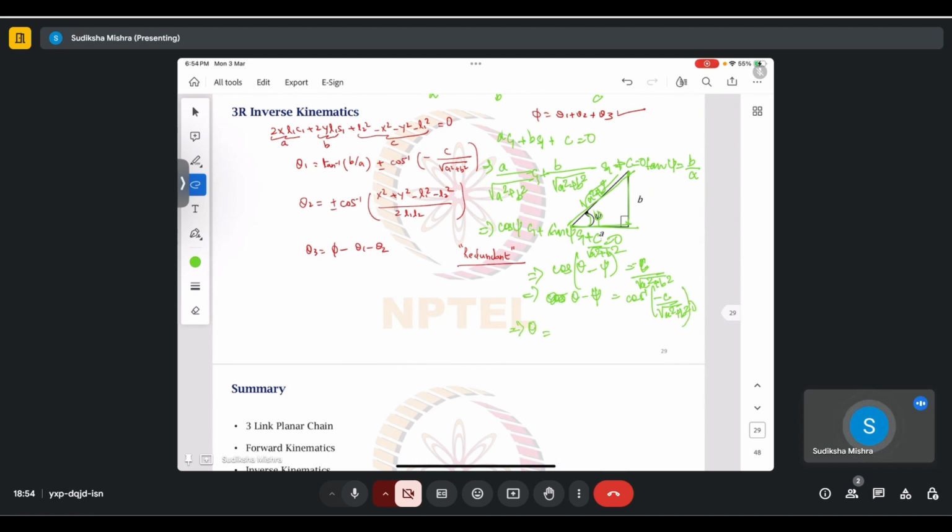Theta becomes, and remember tan psi is b by a, so psi becomes tan inverse b by a, so theta is tan inverse b by a plus or minus cos inverse of minus c by root a square plus b square.